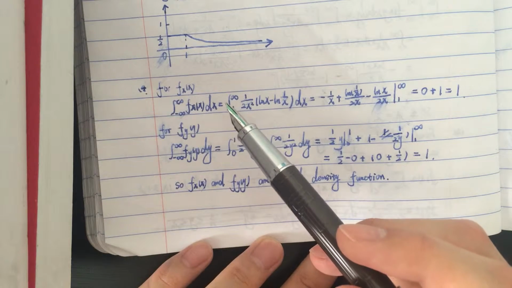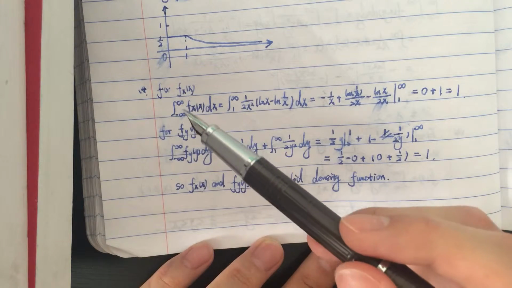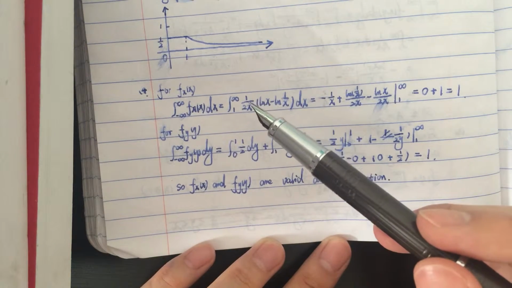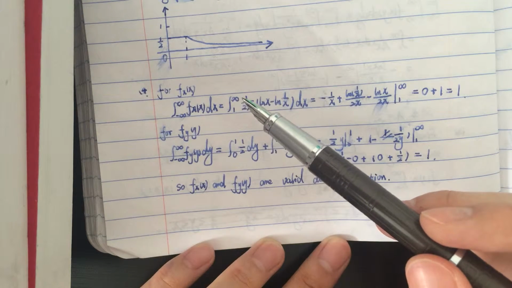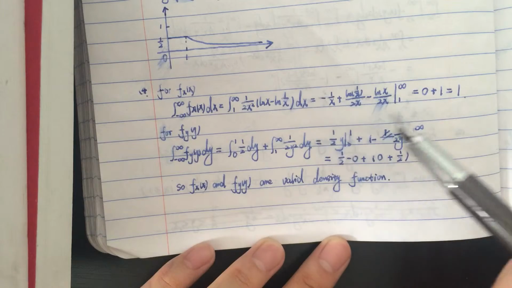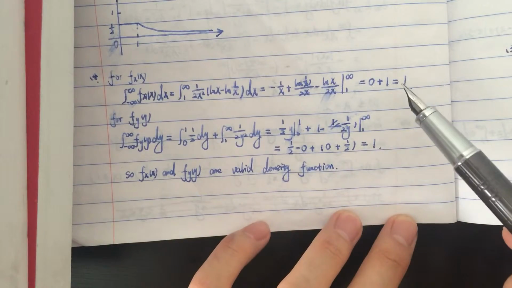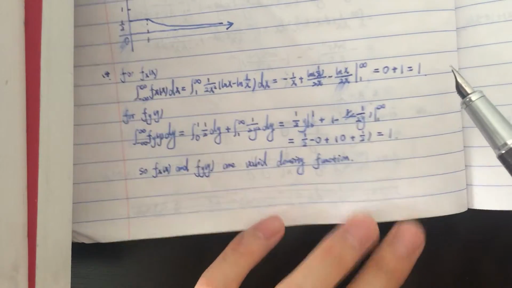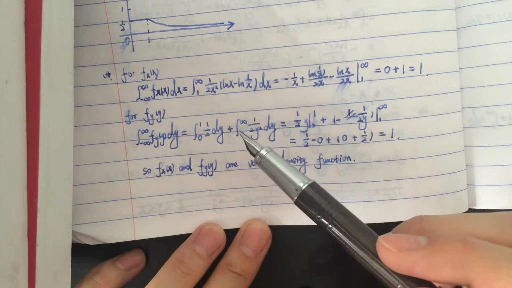In order to verify that, we just need to integrate from minus infinity to infinity, and for fX the integration range will be 1 to infinity, and the result is like this. After calculation, we get the final result is 1. And for fY, the integration will be divided into two parts.